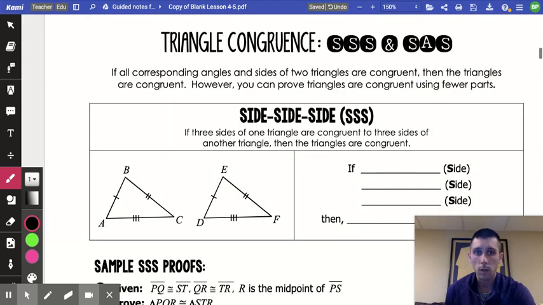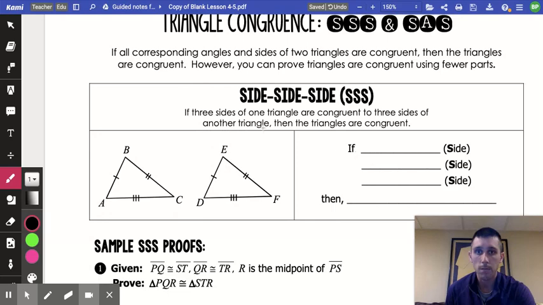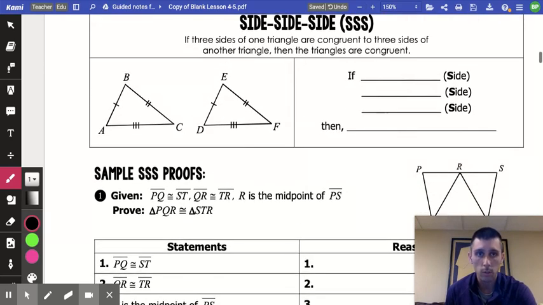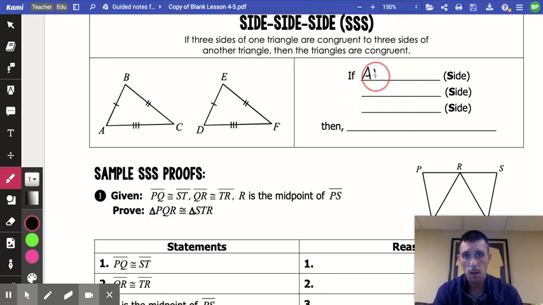So triangle congruence, side, side, side. If three sides of one triangle are congruent to three sides of another triangle, then the triangles are congruent. So just look at our tick marks. AB is congruent to what? AB has one tick mark, so this tick mark would be DE. And then BC has two.